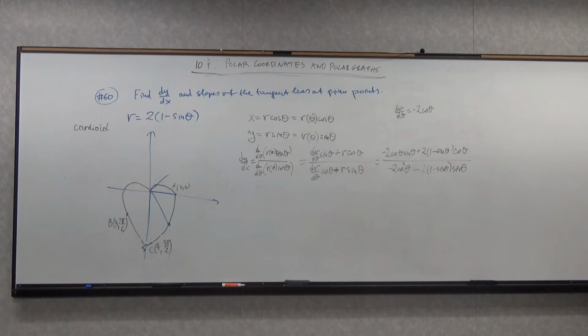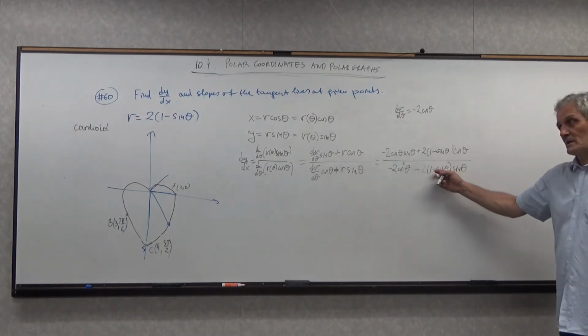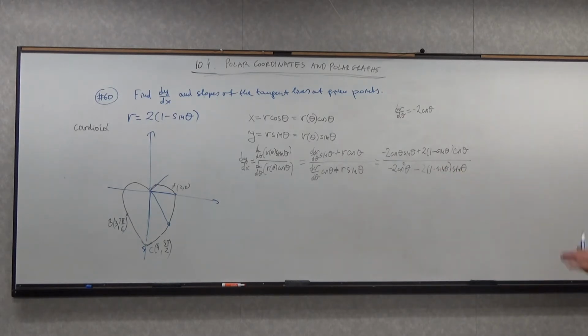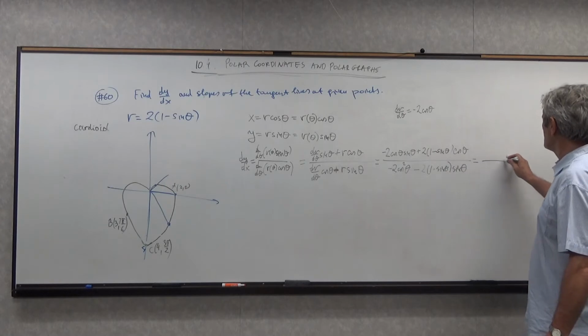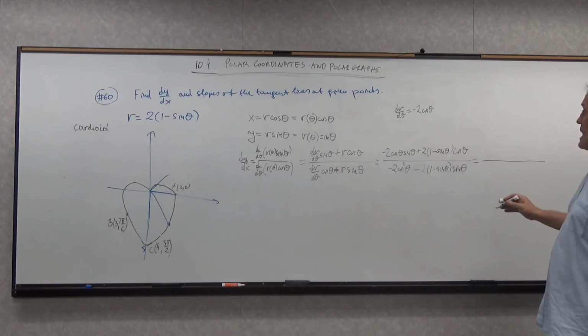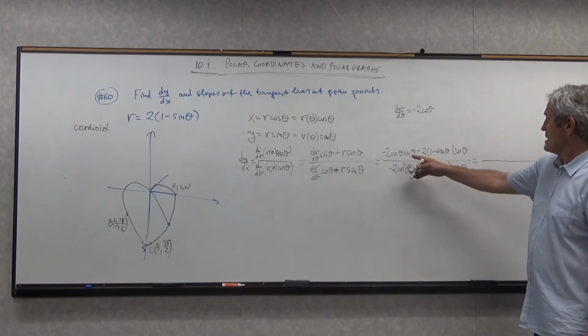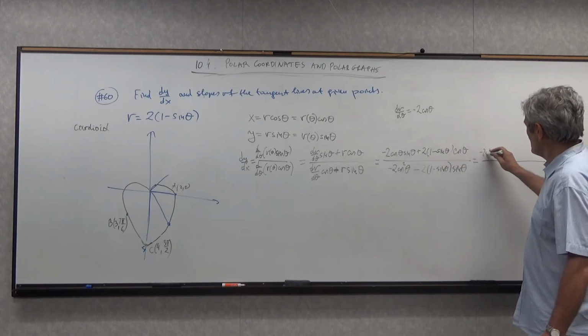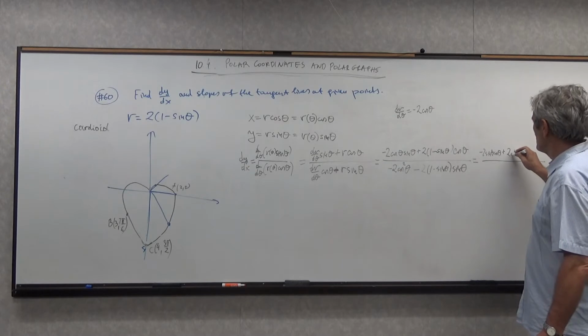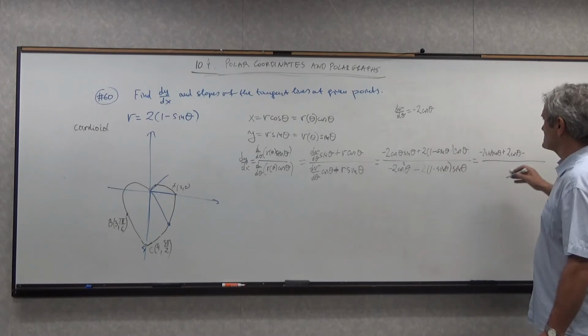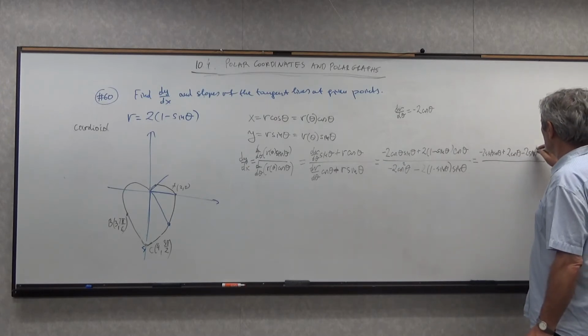Of course, this is all conditional calculation if I'm not getting 0 in the denominator. So when I finish calculation, I might exclude some points. So what would that give us? Minus 2 sine theta cosine theta plus 2 cosine theta and minus 2 sine theta cosine theta.